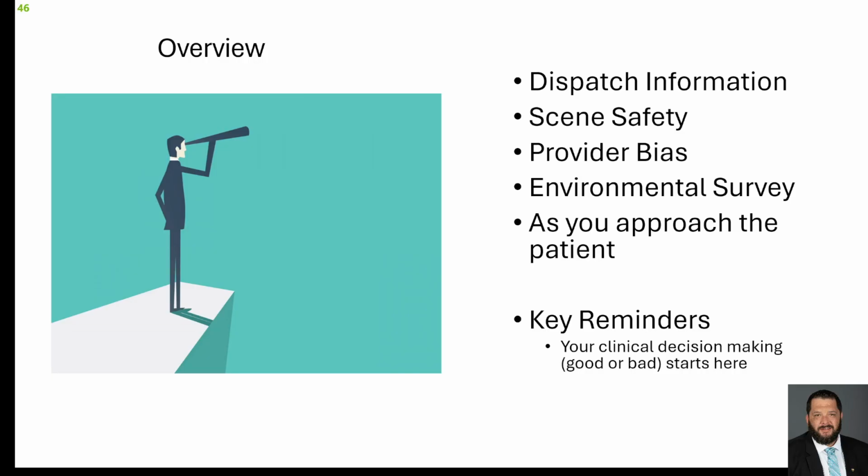We do know that certain healthcare trends follow certain demographics, certain socioeconomic status, certain patient populations are more at risk than others for certain pathological or disease states. But we have to make sure we don't let our bias get in the way of that. Okay. We'll talk about the environmental survey and what to do as you approach the patient and phasing into that primary assessment. Okay.